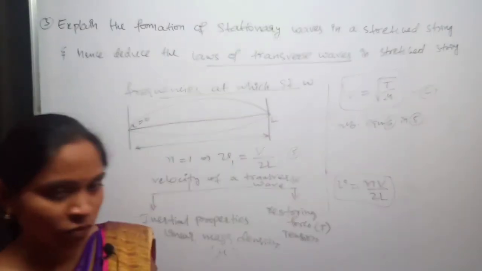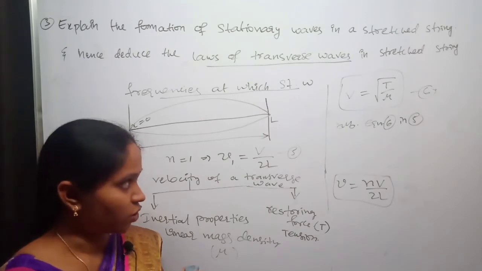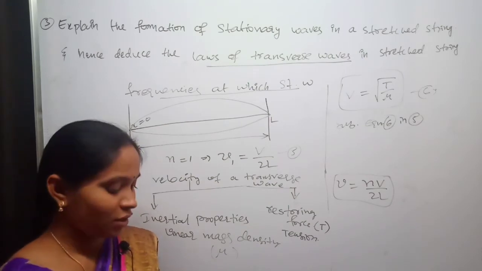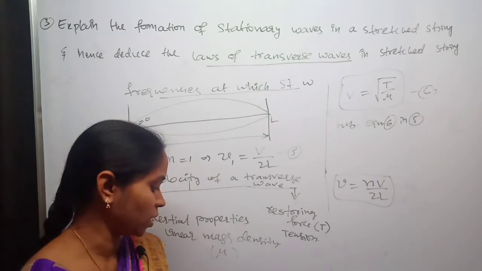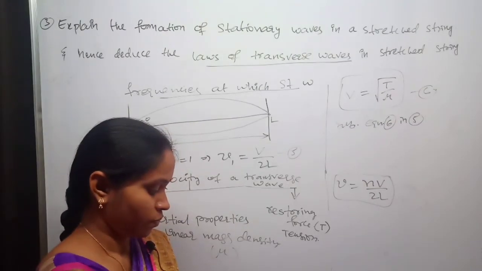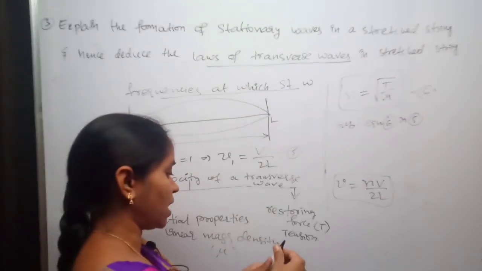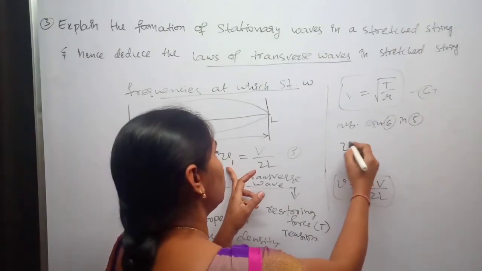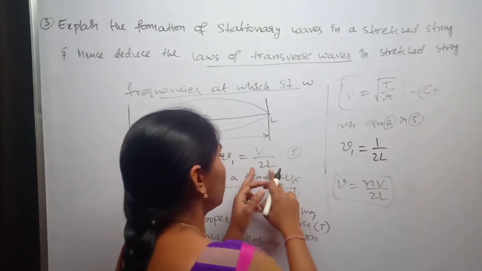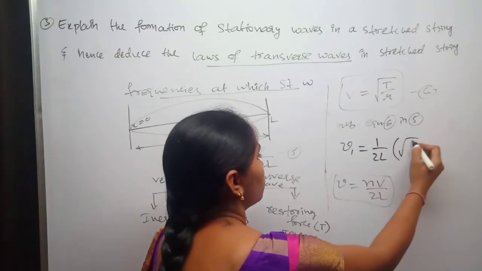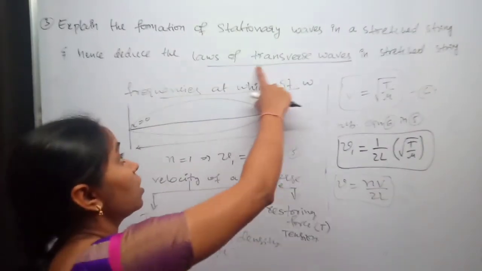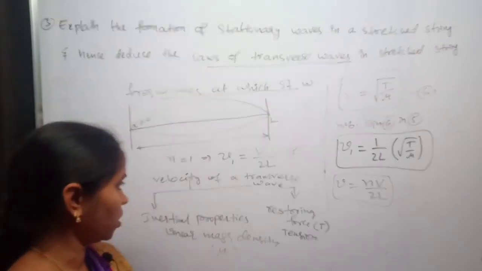Substitute the velocity v equals square root of T by mu in nu1 is equal to v by 2L. Finally you will have the relation for the frequency nu1 is equal to 1 by 2L times square root of T by mu. Using this equation we are going to find out the laws of transverse waves.